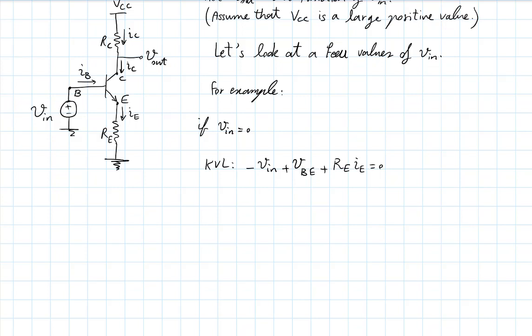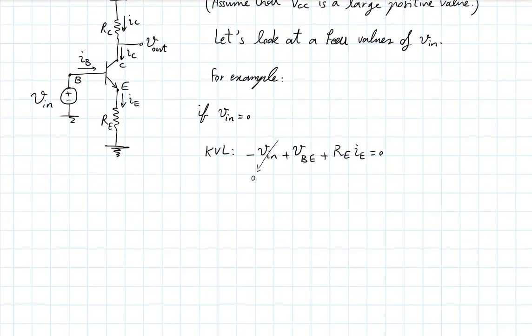If V in is 0, then VBE plus REIE are 0. What can I conclude from that? Well, specifically from here, I can conclude that IE is 0.